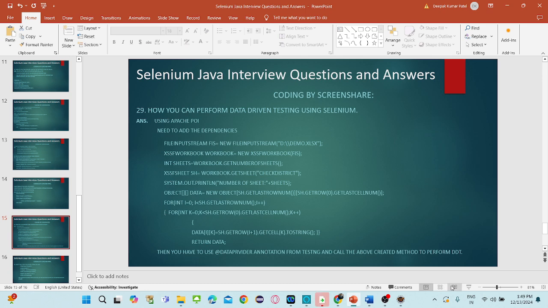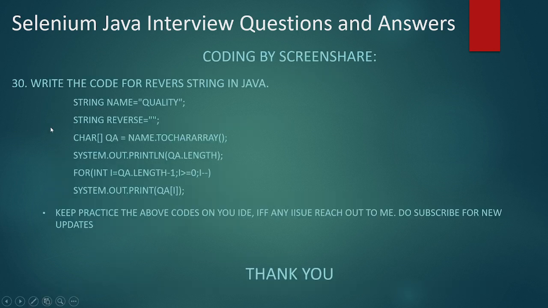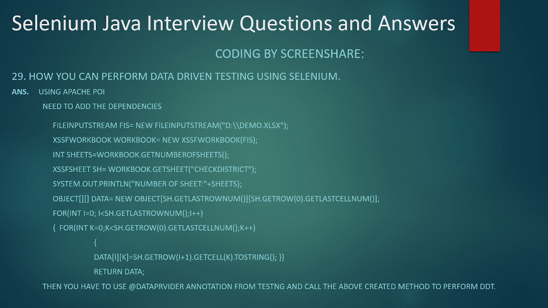Then we go for the next one. Here some classes are there. For different excel sheet types there are different classes, guys: xlsx is different from xls. First we go for the FileInputStream, when we are taking values from that particular excel sheet.